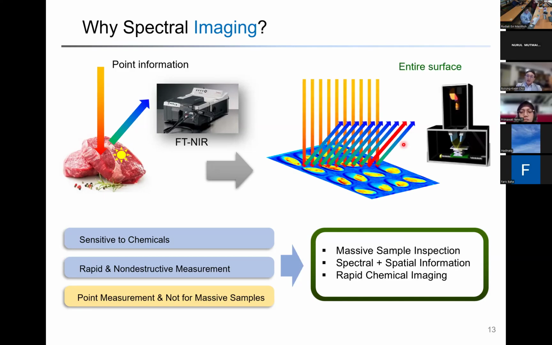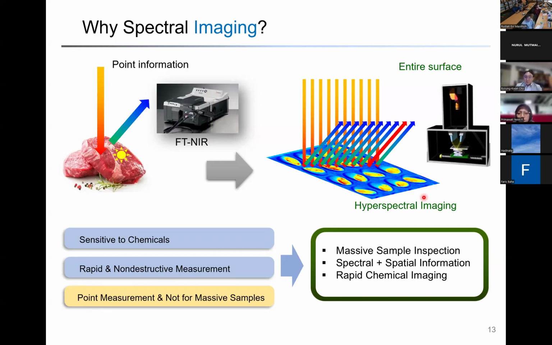But if we can measure these seeds simultaneously, we can save a lot of time. That is why spectral imaging is necessary. So spectral imaging measures the spectral information for a certain area, sometimes a wide one. This is spectral imaging.